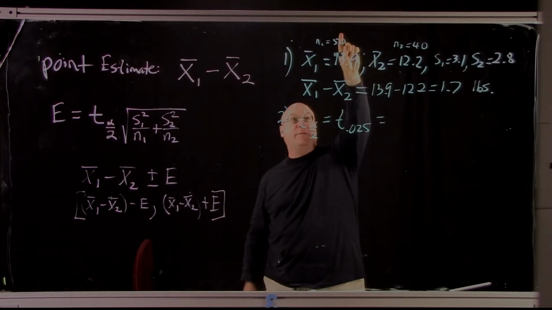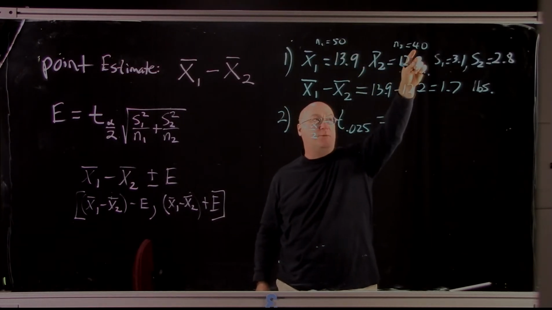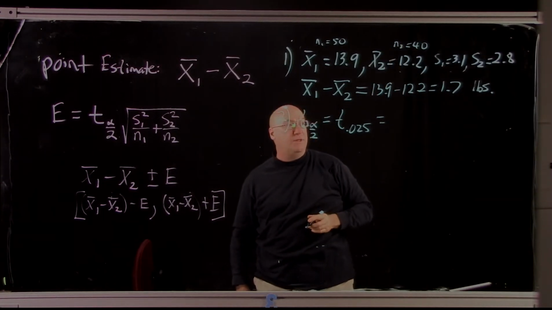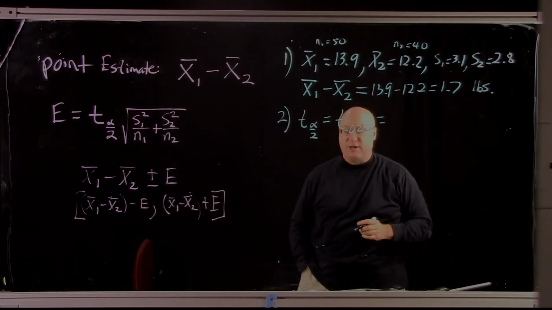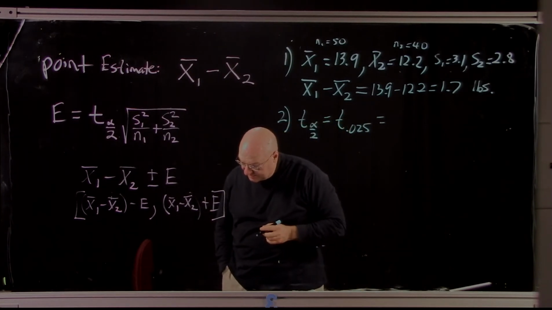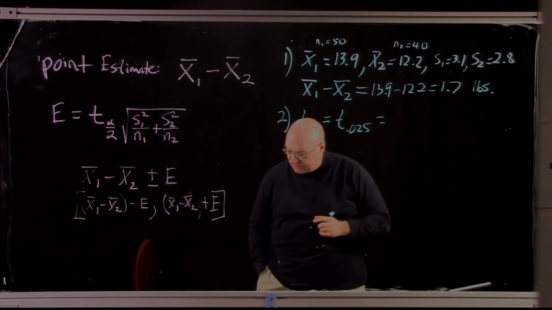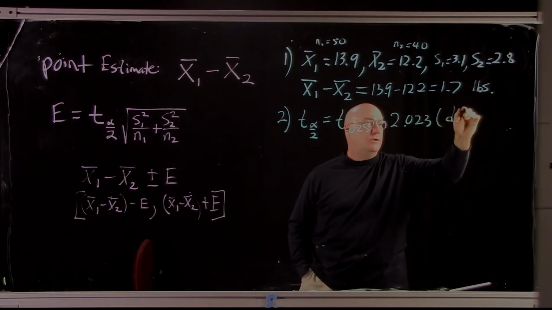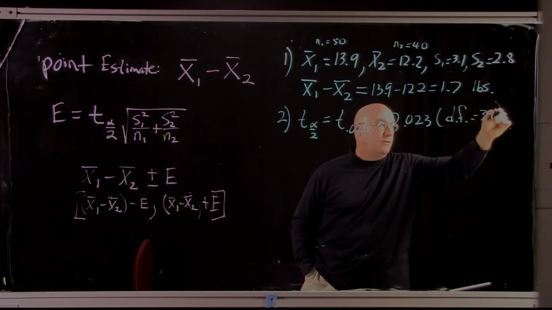So the degrees of freedom off of here would be 49, off of here would be 39. We use the lesser of the two, right? So that's our method here. So we look under degrees of freedom 39, and for t 0.025, I get 2.023. Remember, degrees of freedom equal 39.